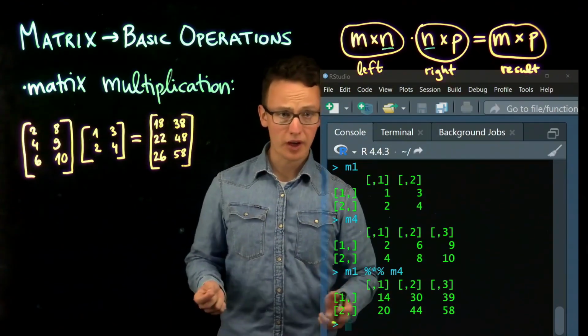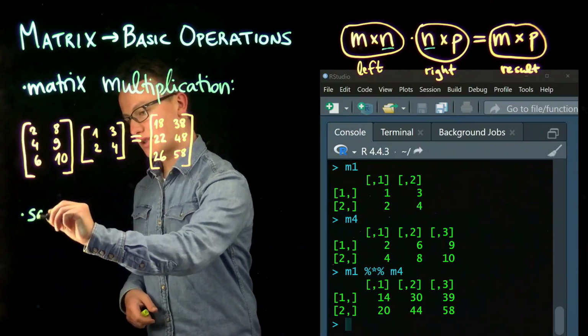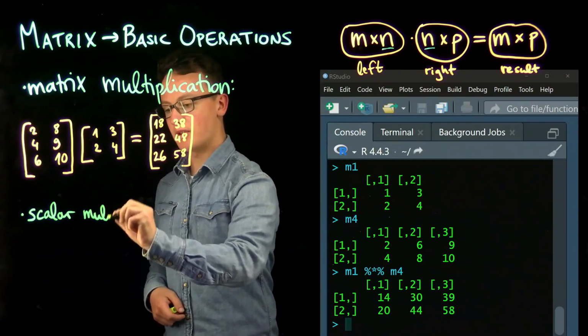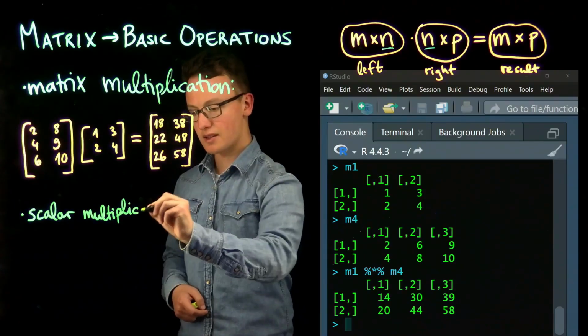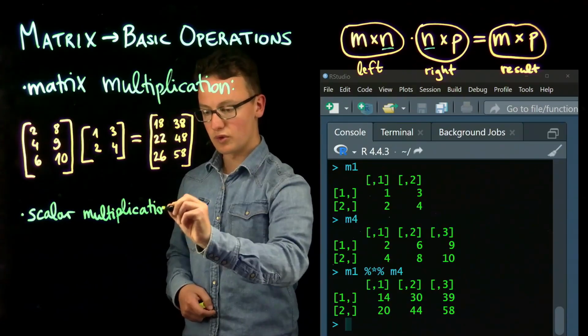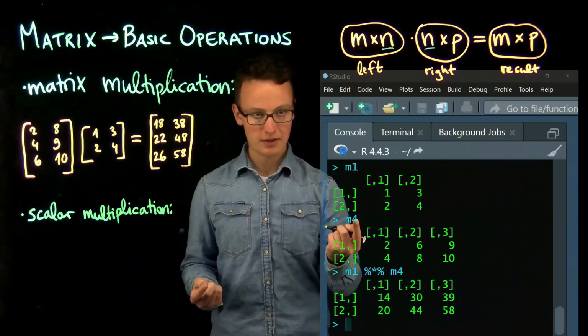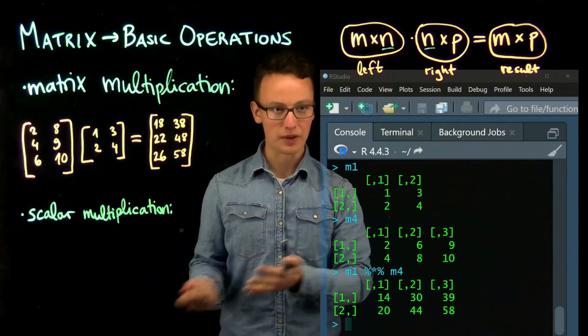There's also another kind of multiplication which applies to matrices, which is called scalar multiplication. Now that one is much simpler, and as opposed to matrix multiplication, this doesn't apply to two matrices, but it applies to a matrix on the one hand and a number, like a scalar, on the other hand.